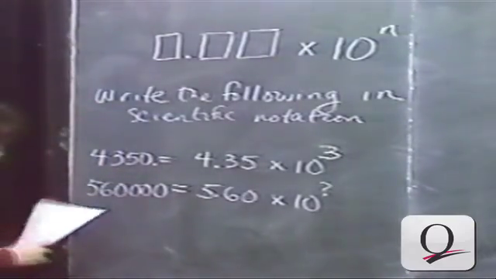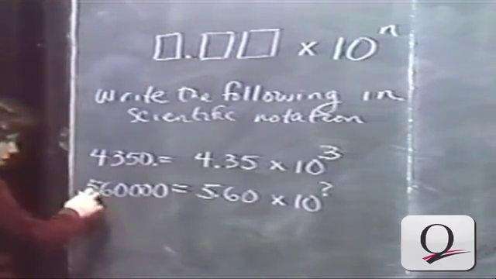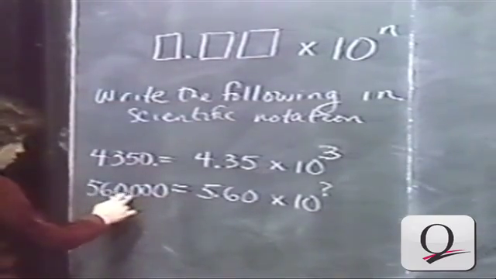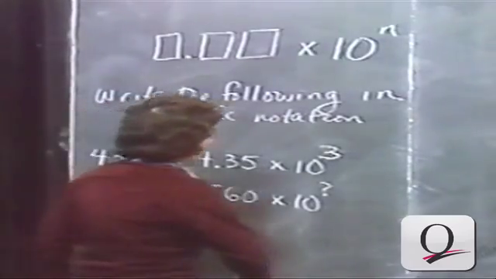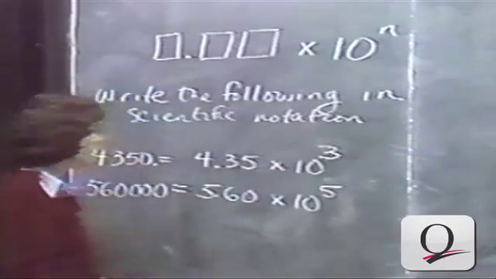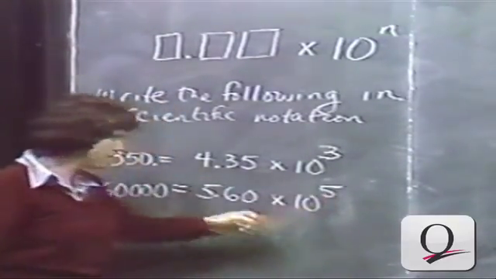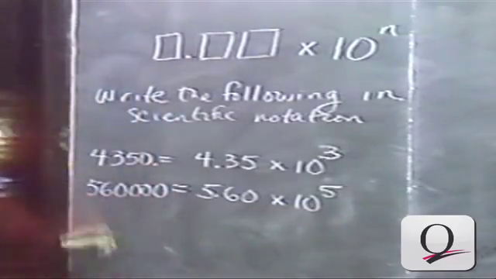Now, if you have 5.6 and you want to get 560,000, you'd move the decimal 1, 2, 3, 4, 5 places to the right, which is the same as multiplying by 10 to the fifth power. And you should always check your answers here. If you have 5.60, you move the decimal 5 places to the right, you would get 560,000.